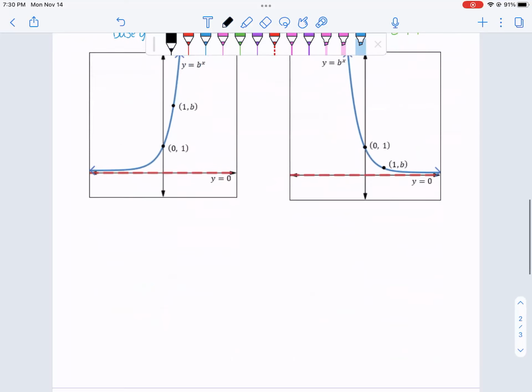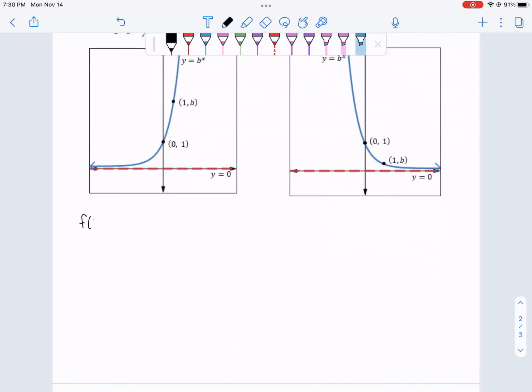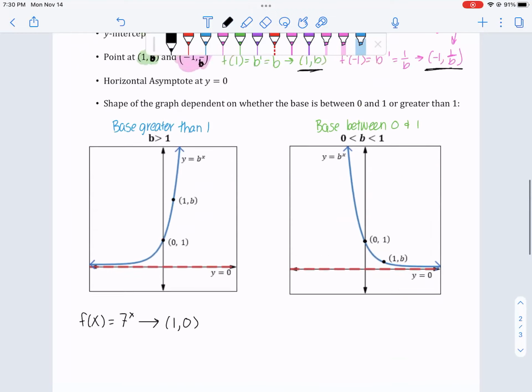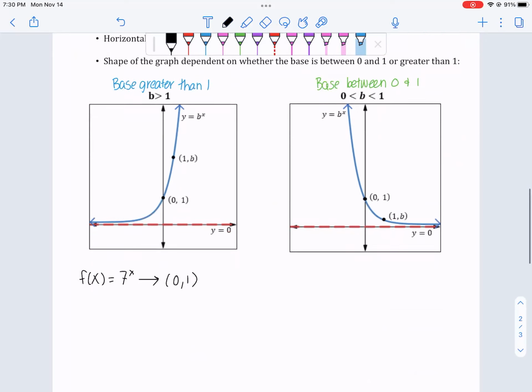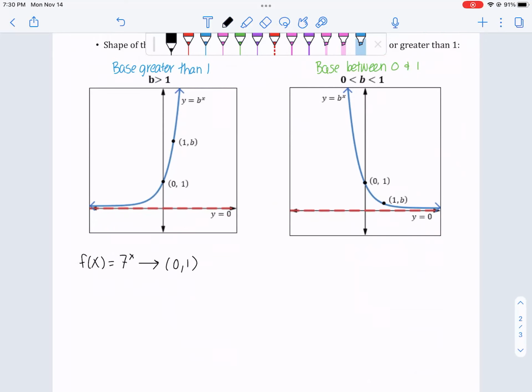So if I'm looking at, let's say, f of x equals 7 to the x, this guy is going to have 0 comma 1, because they all have y-intercept 1.